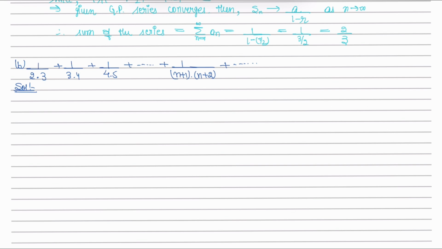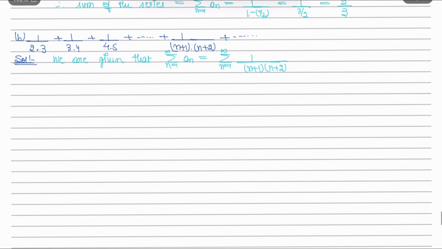Firstly, what we are given is summation n running from 1 to infinity of 1 upon n plus 1 into n plus 2. Let us simplify this term firstly.